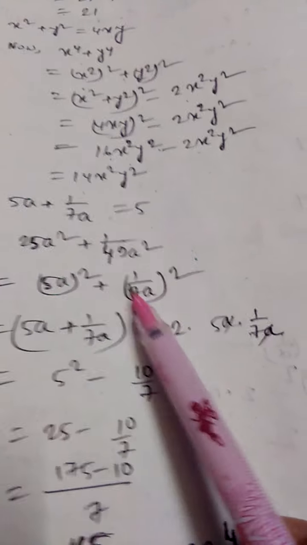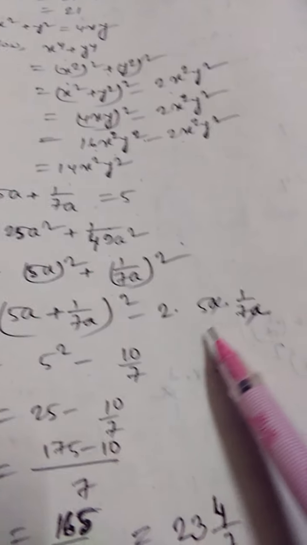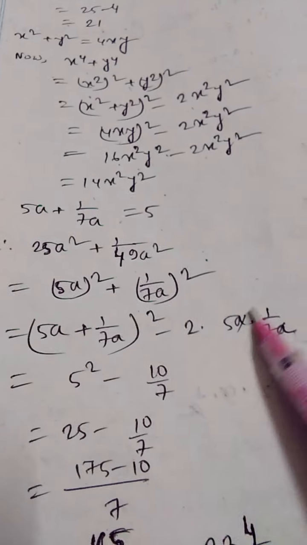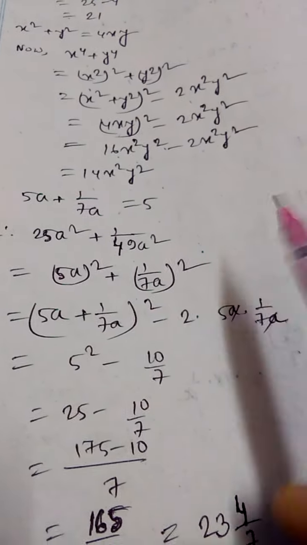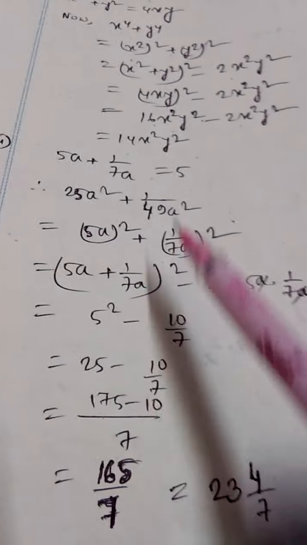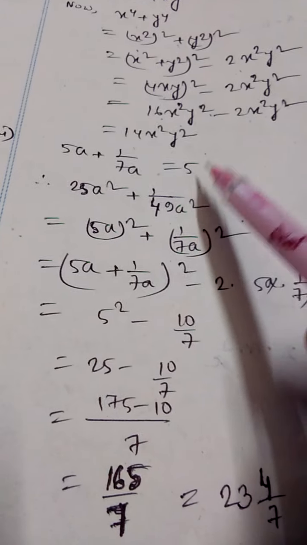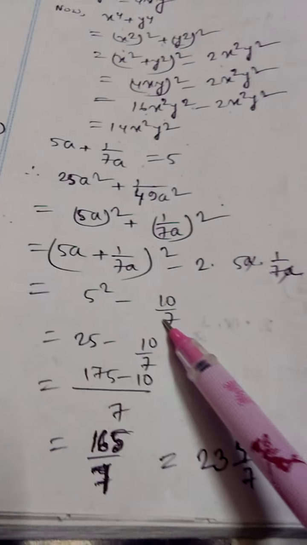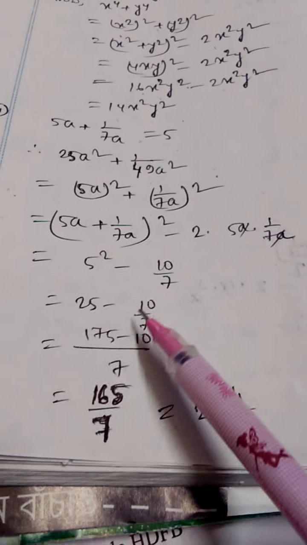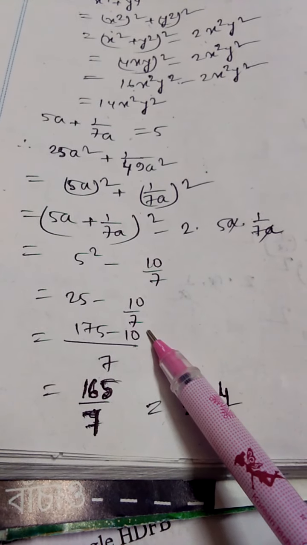Using the formula a square plus b square equal to a plus b whole square minus 2ab. Here we substitute a by 5a and b by 1 by 7a. Then we get this. This equal to, putting the value of 5a plus 1 by 7a as 5, we get 5 square minus 2 into 5, that is 10 by 7, equal to 25 minus 10 by 7.